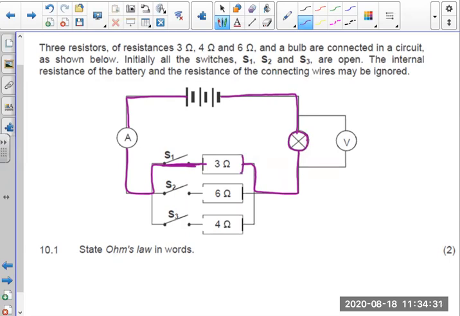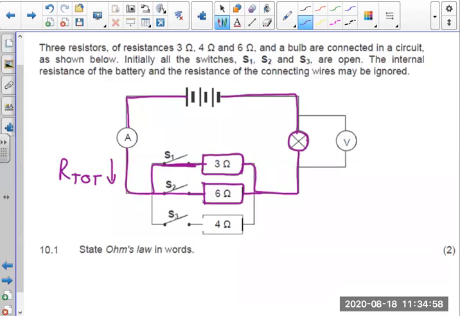But the moment switch S2 is closed, I have 2 resistors in parallel. The more resistors I put in parallel, the more I decrease the total resistance, and that's something you need to remember for next year as well.